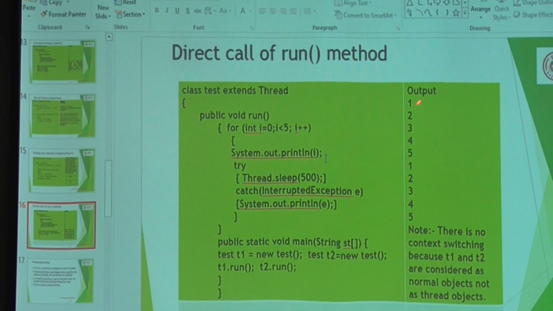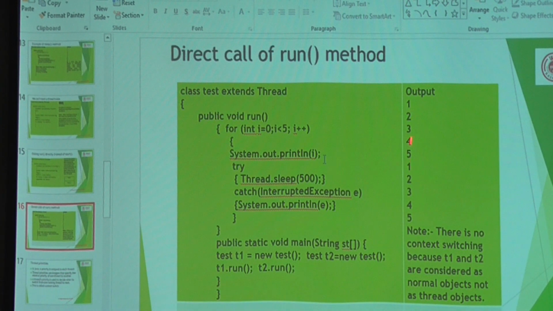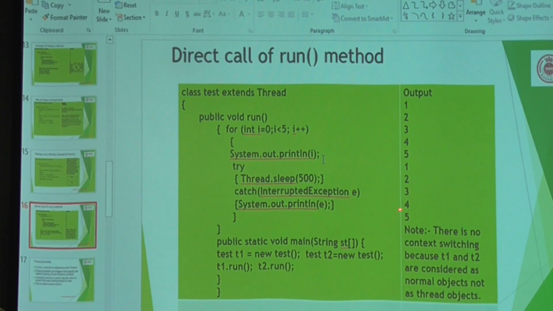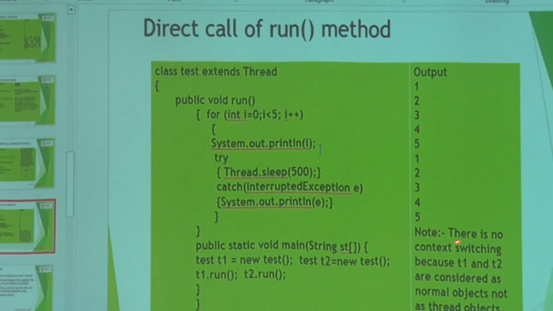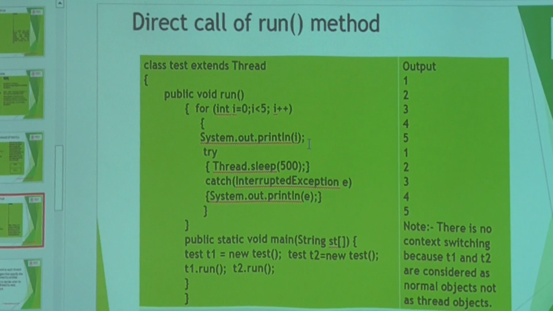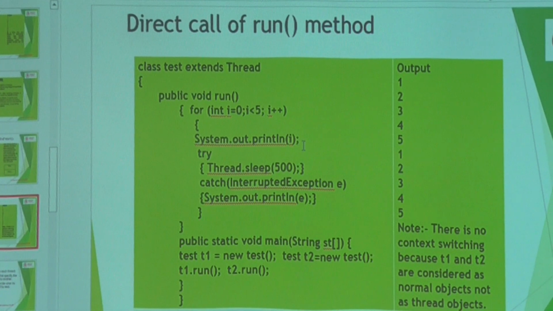And you can see that the output comes one after another: only after executing one thread will you get the output of the second thread. You won't find any interleaving here. There is no context switching in this case. Both T1 and T2 are considered as normal objects.